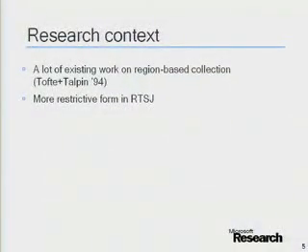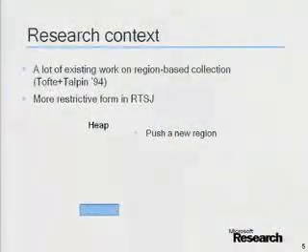That's right. So there's quite a bit of work doing related things here. The one that inspired the title, of course, is Tofte and Talpin's region-based allocation for originally ML, and the more restrictive form of that that's in real-time Java.